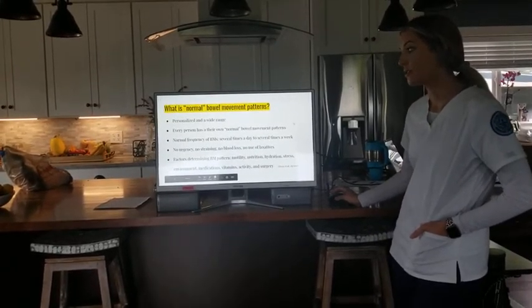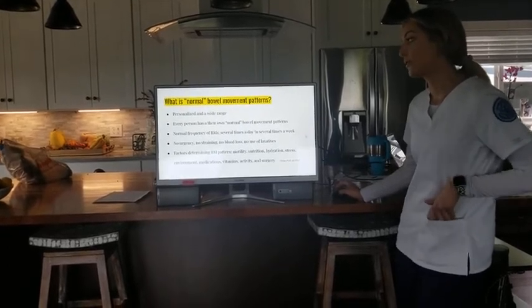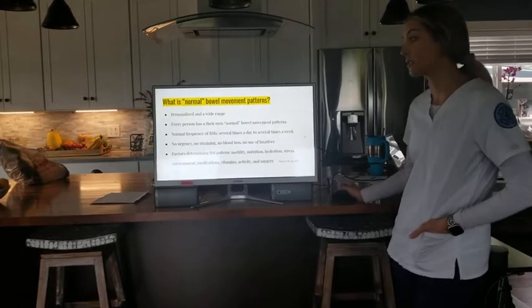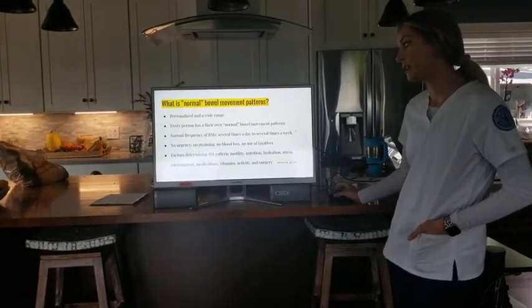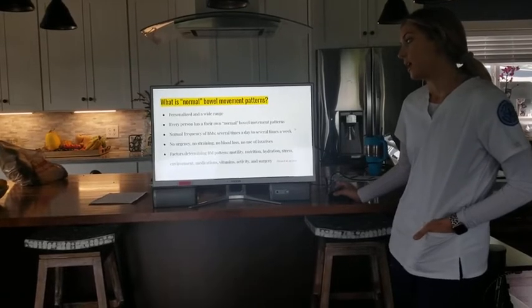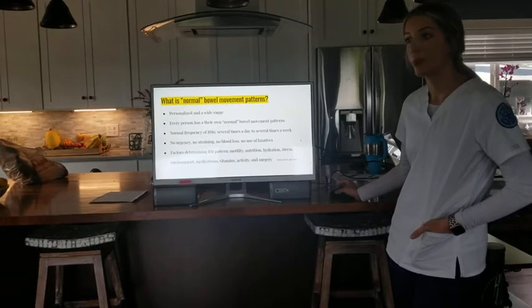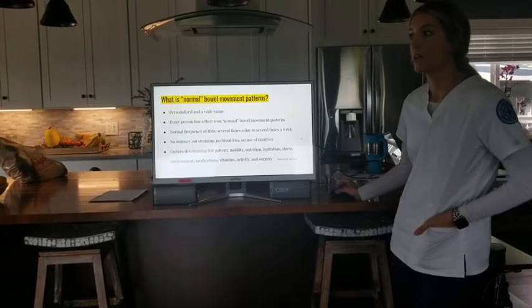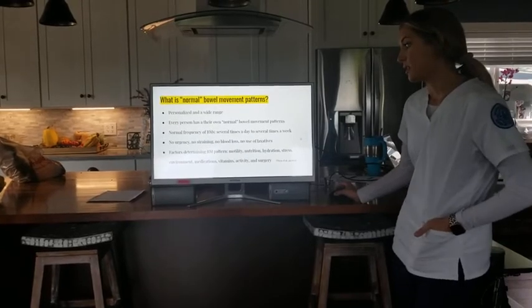The environment matters, so if you have enough time, enough privacy, and you feel safe. Certain medications and vitamins, like high vitamin C, can lead to diarrhea. Physical activity, whether you're bedbound or physically active, can determine how often you have bowel movements. And then surgery.